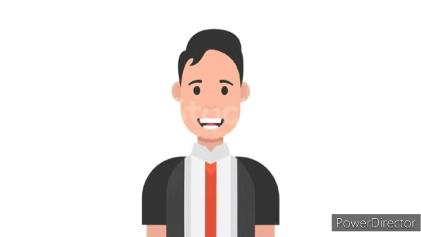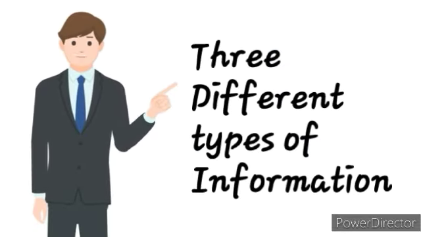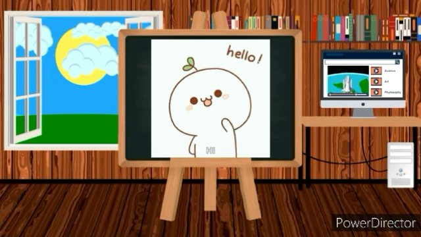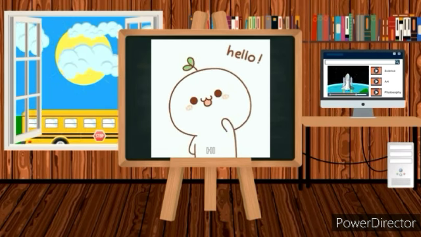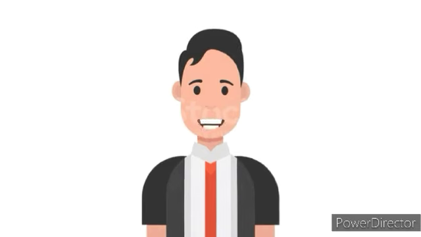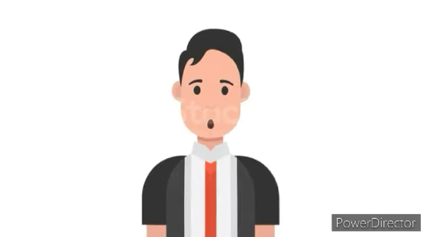It is the stage where information is continually stored and has three different parts where different types of information are kept. Number one, semantic memory. It is the storage of verbal information such as concepts, principles, and generalization problems.